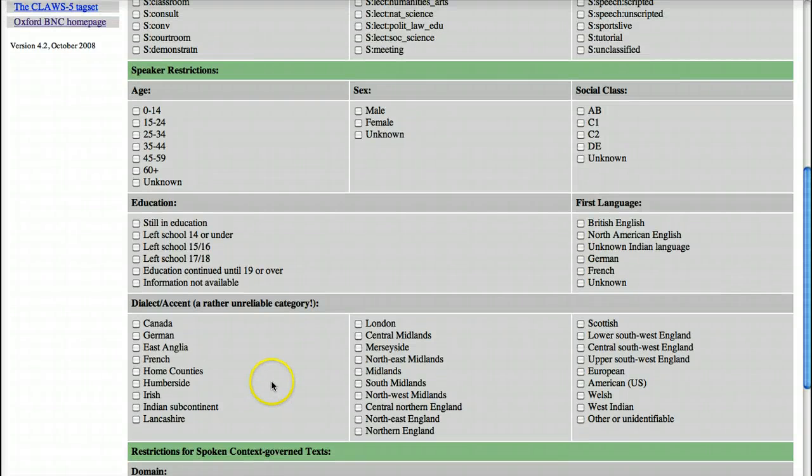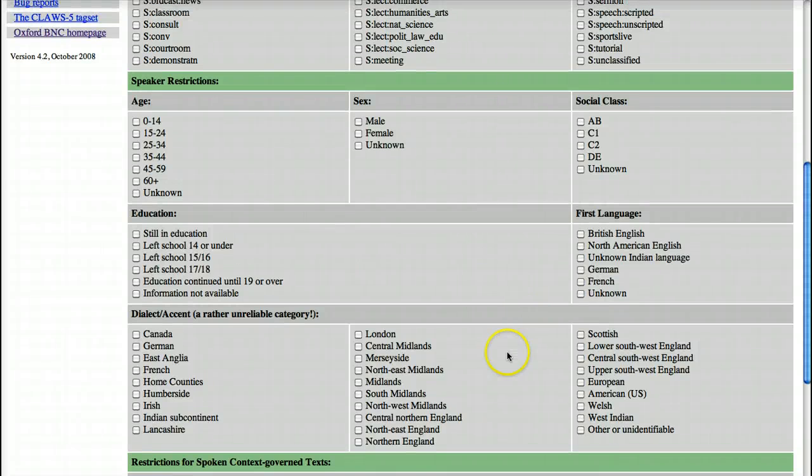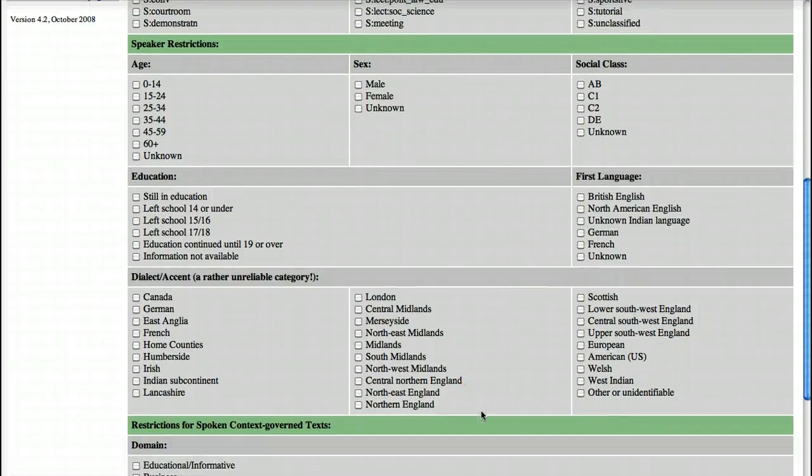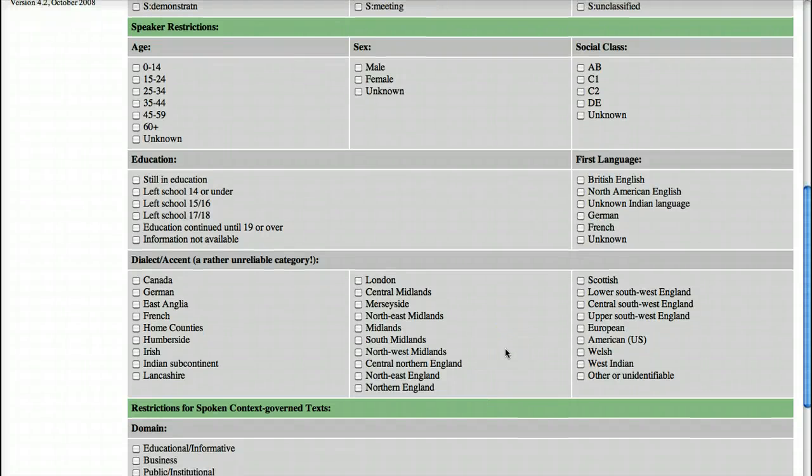Another thing we probably notice is that for each of these categories there's an unknown, suggesting that we don't have information for every single speaker who's recorded. But obviously the way that they were recorded, it wasn't possible to get this information about everyone.